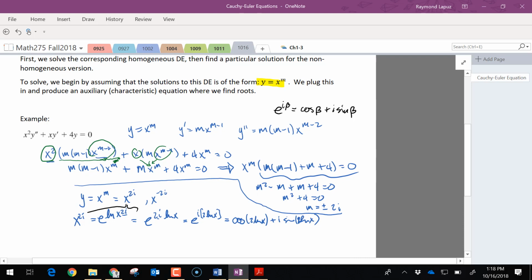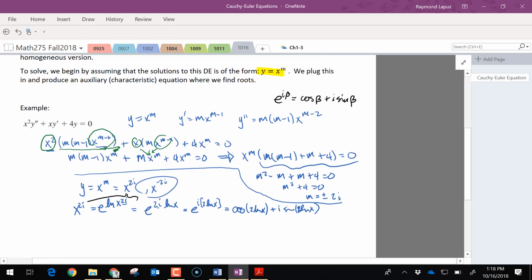Now we could go through the same argument for the negative 2i, and then we'll get another cosine 2 ln x, this time with a minus I sine 2 ln x, and then linear combinations and stuff like that. We want two linearly independent solutions.